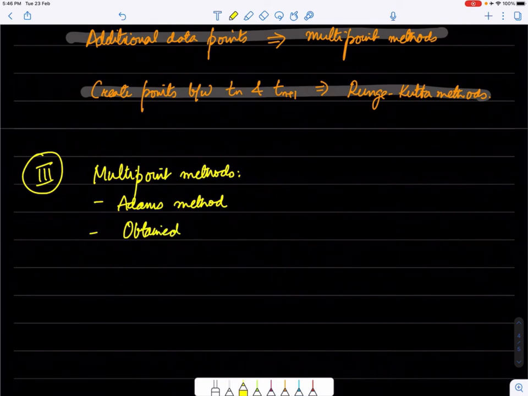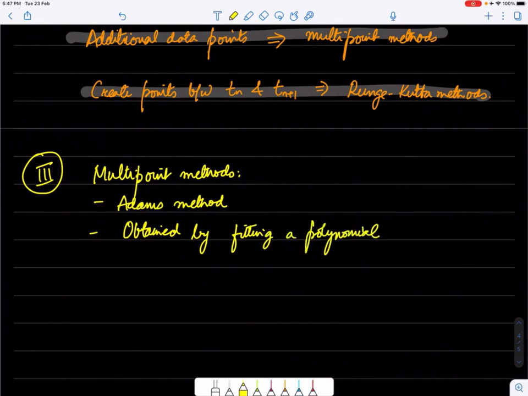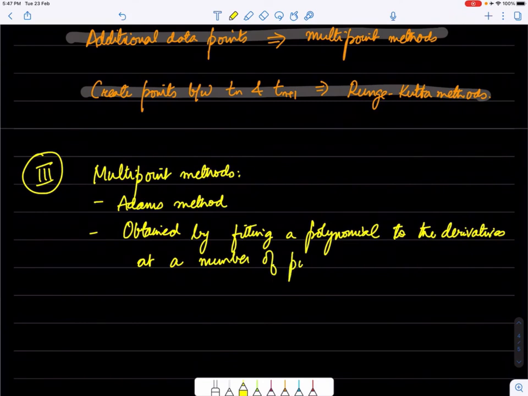The derivatives here are the function f at a number of points.